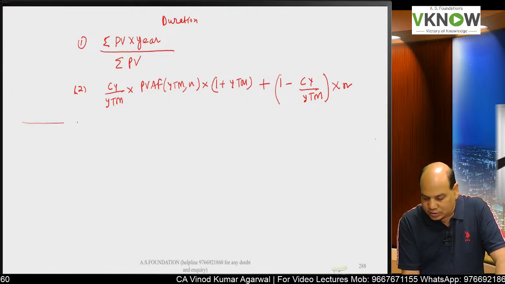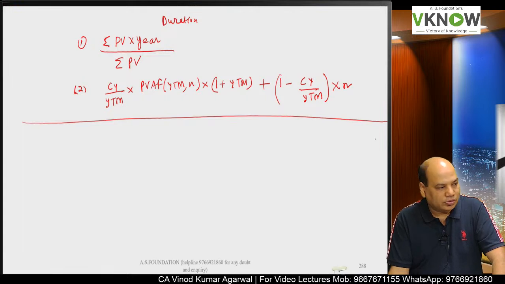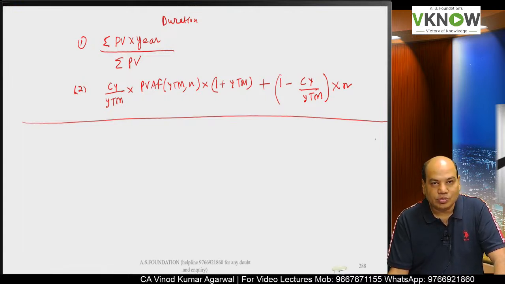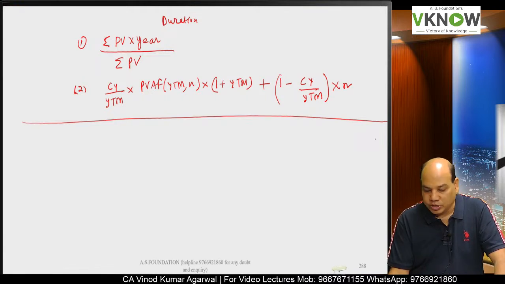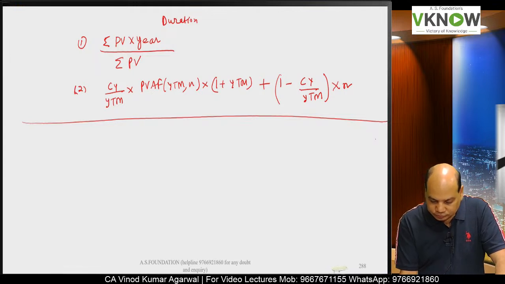And then we had seen some properties of duration also. Duration of a zero coupon bond is equal to its maturity.